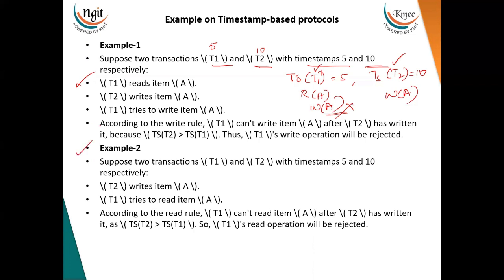And let us see the second example. Suppose two transactions T1 and T2 with the timestamps 5 and 10. The timestamp of T1 is 5. The timestamp of T2 is 10.